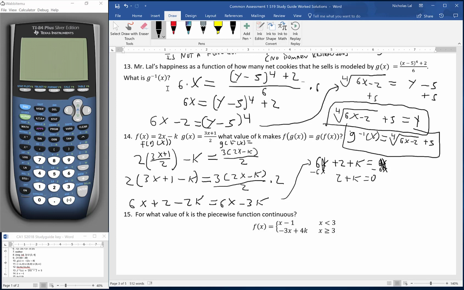So 3x plus 1 minus k, 6x plus 2 minus... Oh, okay, there's a plus 1 here.